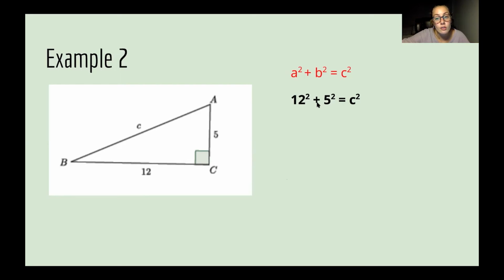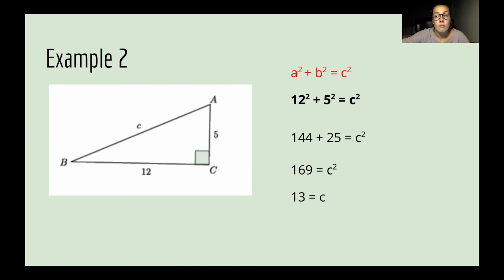That is perfectly okay, as long as they're only used once, and they are our legs A and B. So 12 squared is 144, and 5 squared is 25. So 144 plus 25 equals our C squared. So our C squared equals 169.